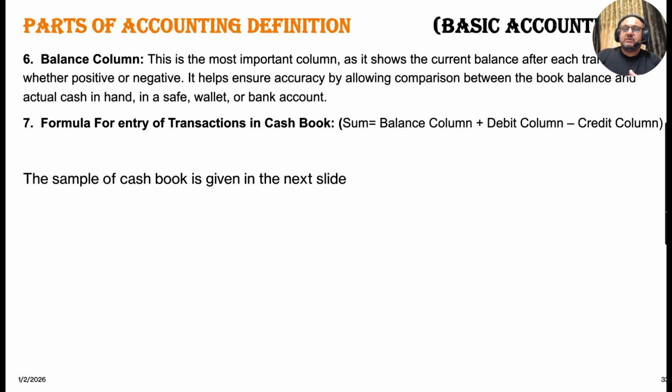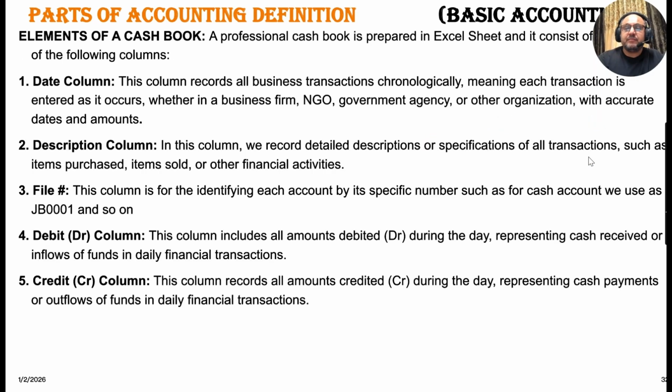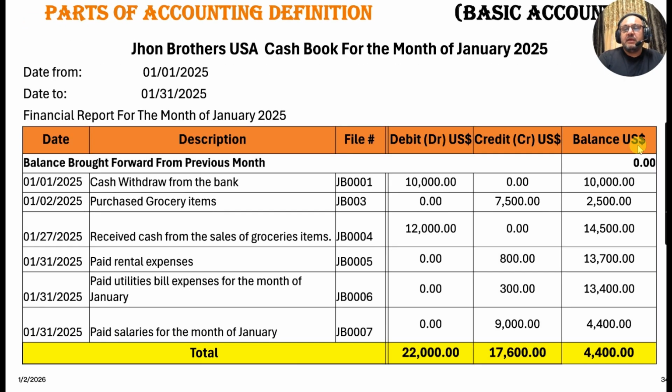I have already told these things to you. So the formula we are going to use is sum is equal to balance column plus debit column minus credit column. In here we write the formula, this plus this minus this column is equal to this.